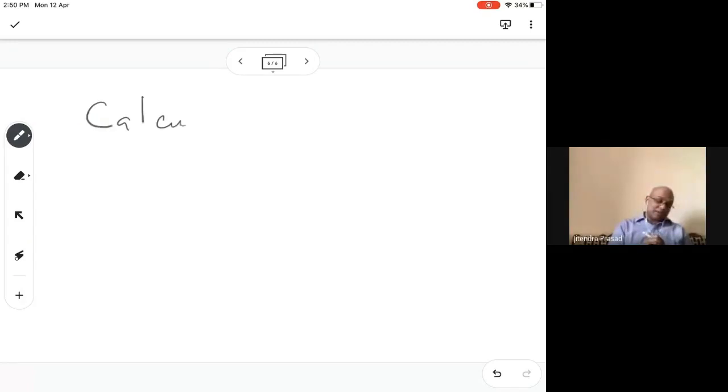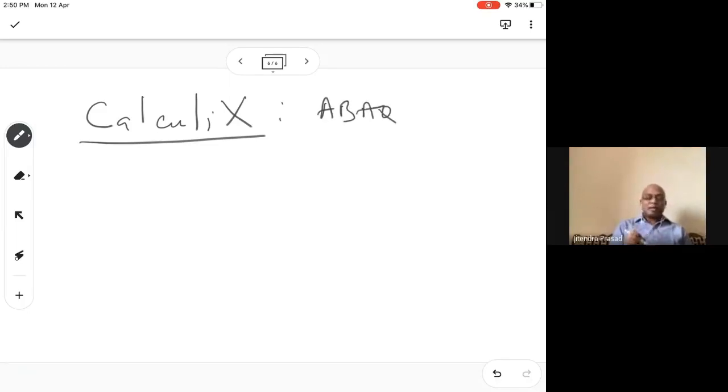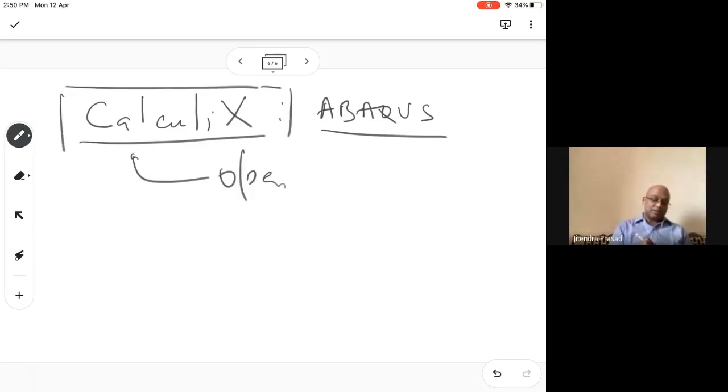This is very good. I have worked a lot on this one. This is similar to Abaqus, by the way. In fact, it's possible that Abaqus input may run in Calculix. You can install this. It's freely available, open source.